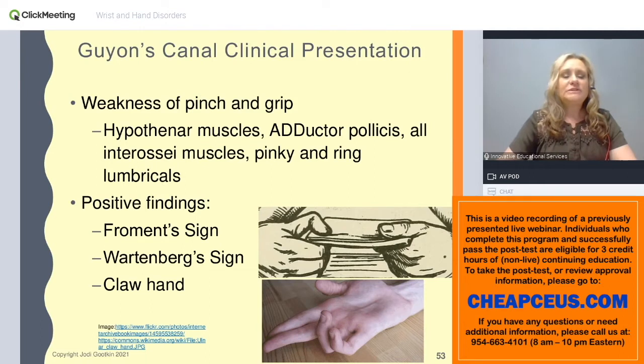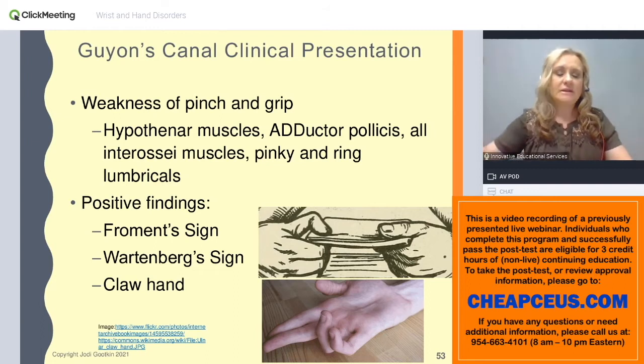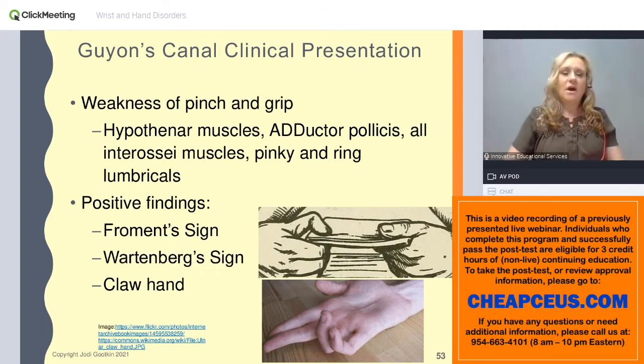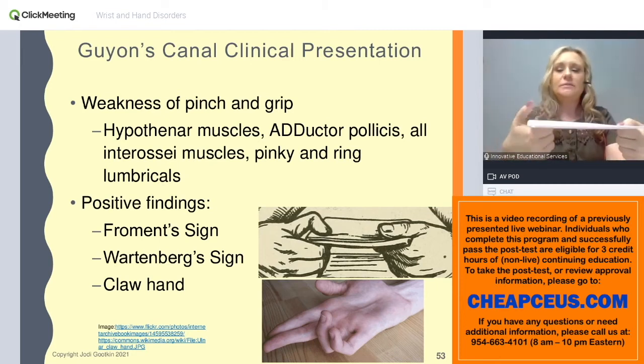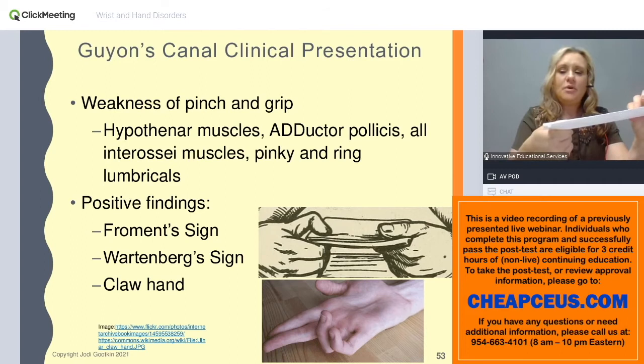The clinical presentation that we will see for Guyon's canal is going to primarily have the patient complaining of weakness of pinch and grip. When we look at the muscles that are involved, the adductor pollicis, when you ask the patient to hold on to a piece of paper, the Froment sign, you're going to try and pull that paper away from them.